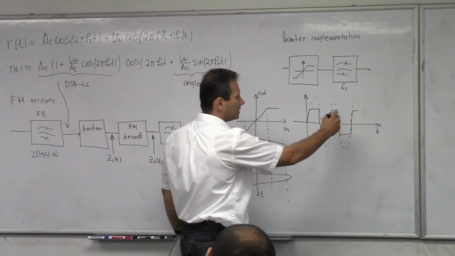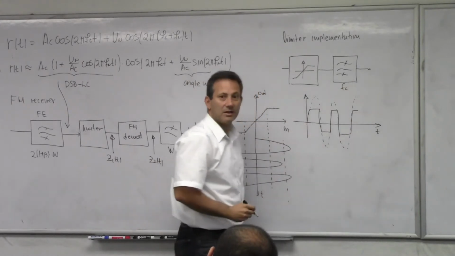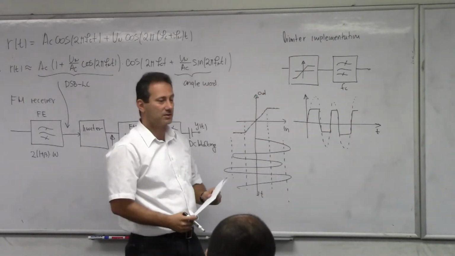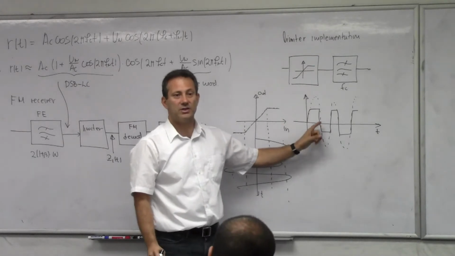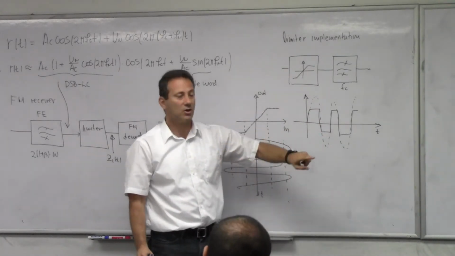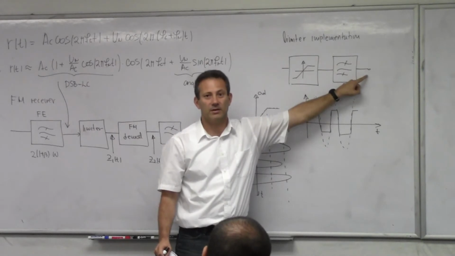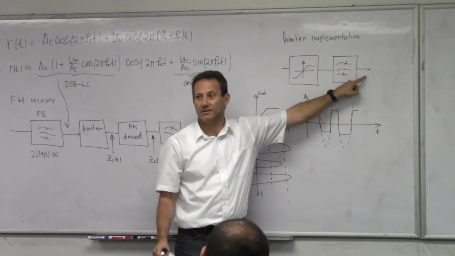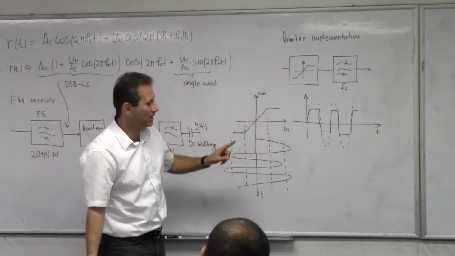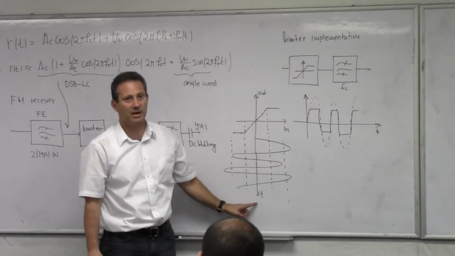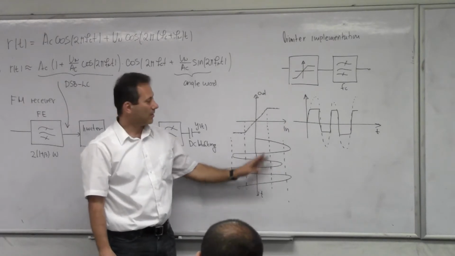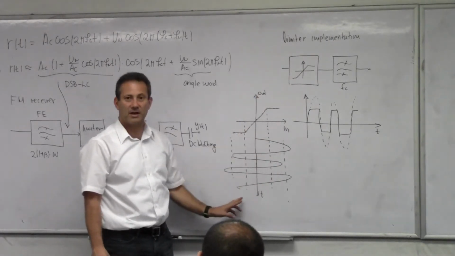So if I follow this with a filter that is centered at FC and rejects all the higher order harmonics, what comes out here? An unmodulated sinusoidal, right? Let me walk you through this again. You have a sinusoidal that's modulated in the amplitude, right? Now you clip it at its high.